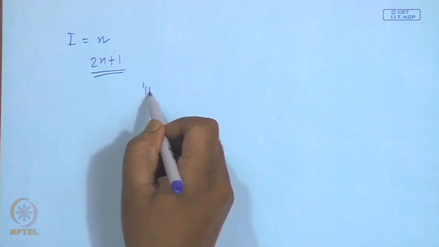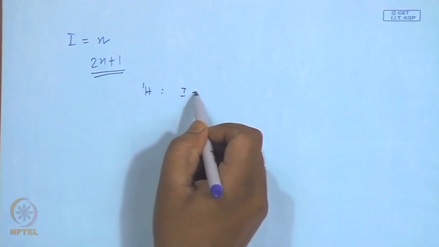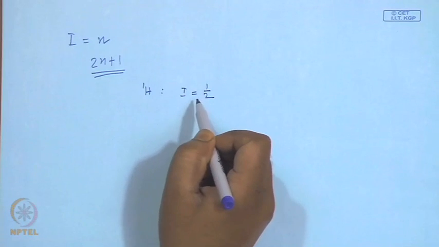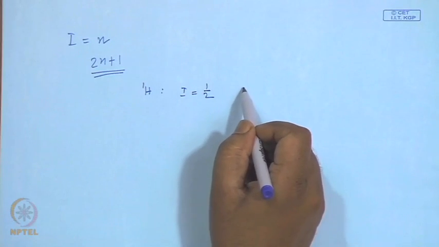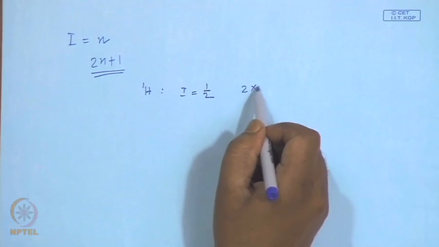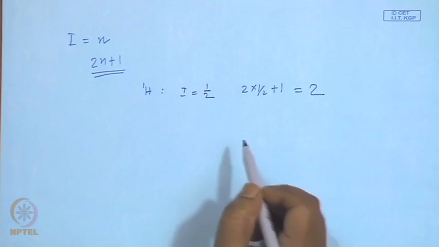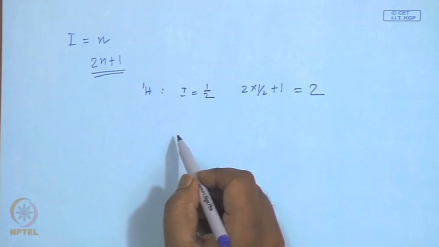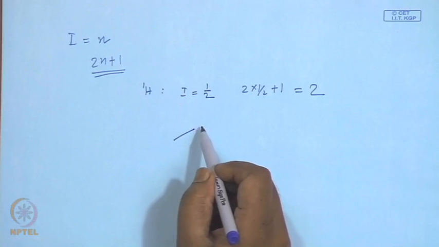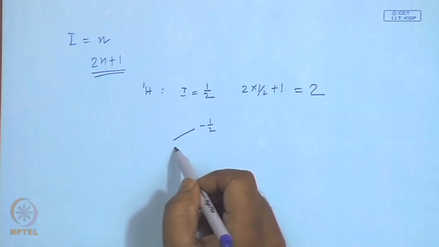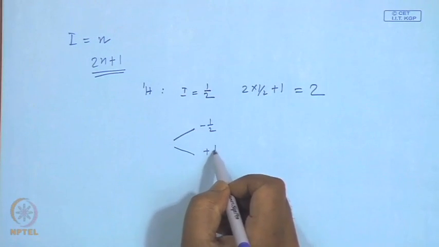So, for a proton, I is half, so it can have 2 into half plus 1, which makes it 2 different energy levels, which we call minus half and plus half.